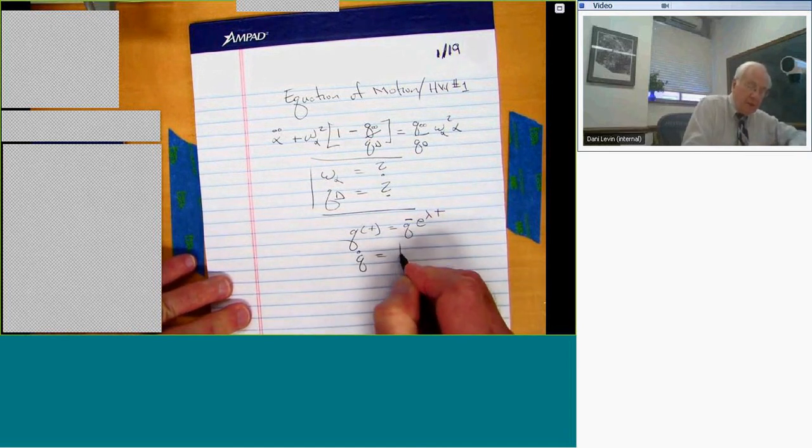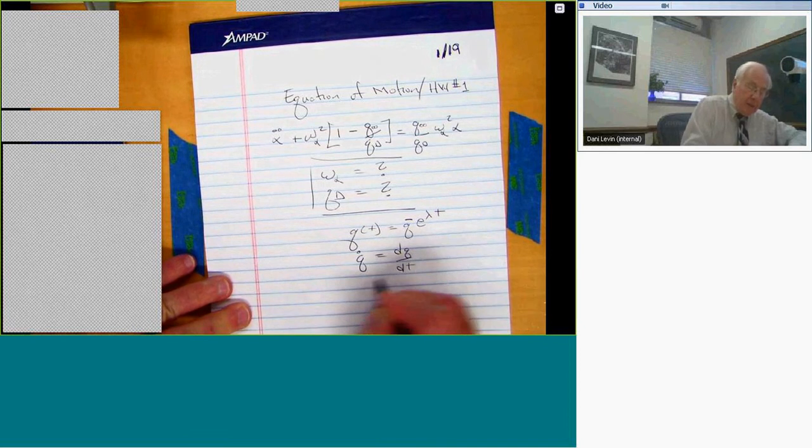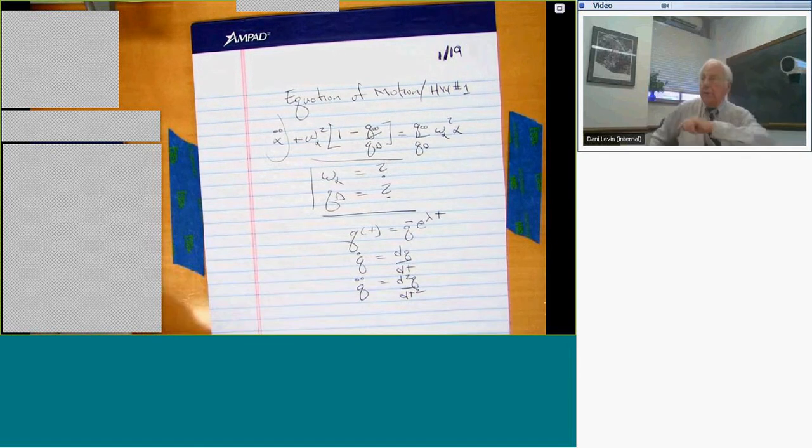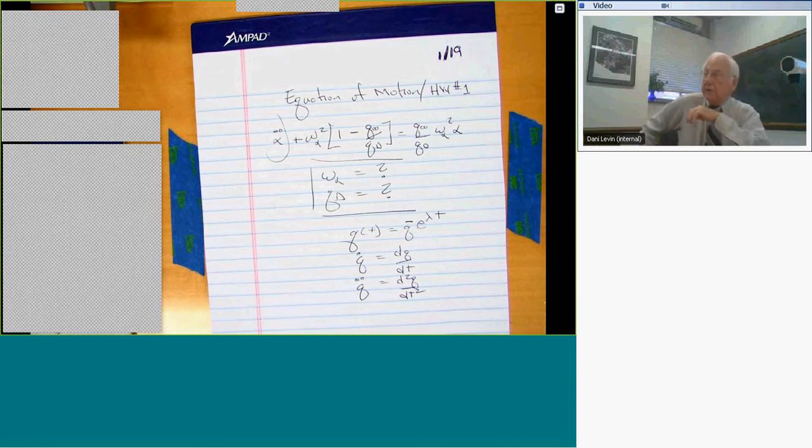Because the dots, I should have said this, q dot, of course, means dq/dt, and q double dot means the second derivative of q with respect to time. So it's second order because the highest derivative is second order. That's a good thing. What else is it? Any other words you'd like to use to describe it?